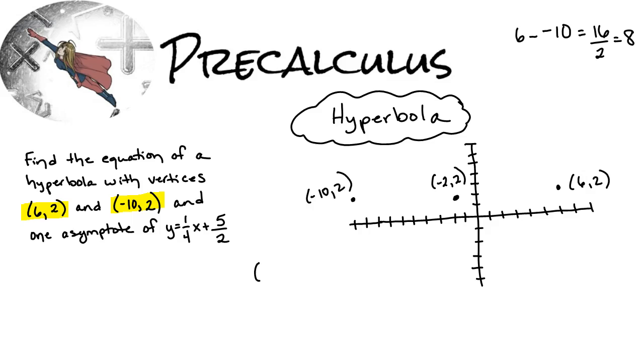And because of the center, which I just highlighted, of negative 2, 2, with the x, I will do x plus 2 squared, because you always do the opposite of the coordinate. So since the x-coordinate for the center was negative 2, I do plus 2 in the parentheses.